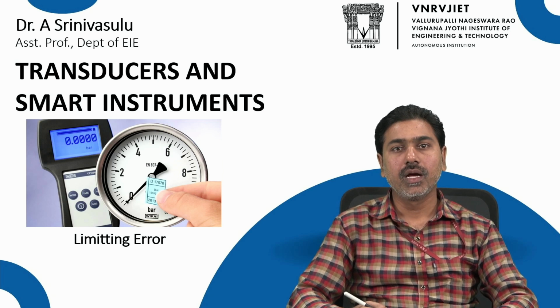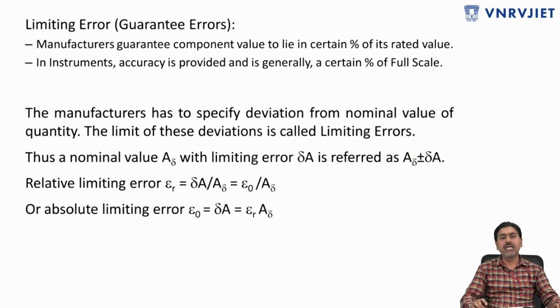In this video, I am going to explain the limiting error of measurement. Basically, the limiting error is called the guarantee error. The guarantee error is specified by the manufacturer, that the instrument or the device gives the nominal value of the error.